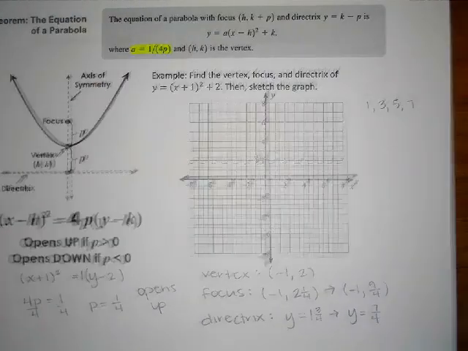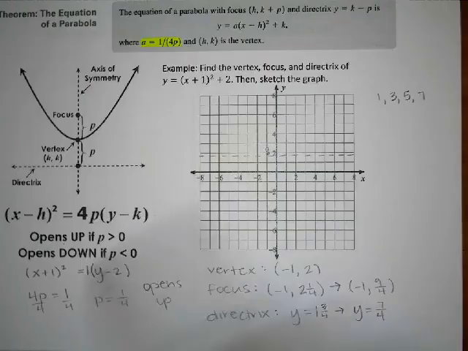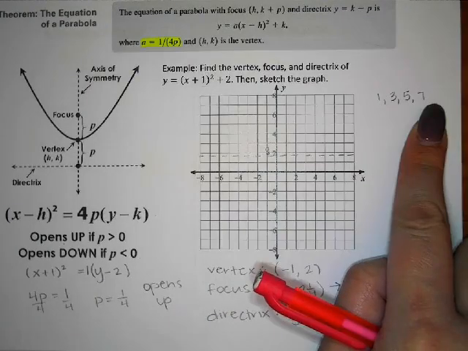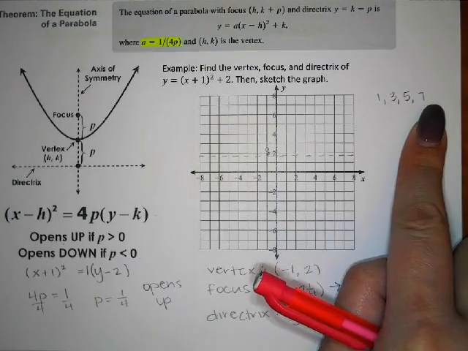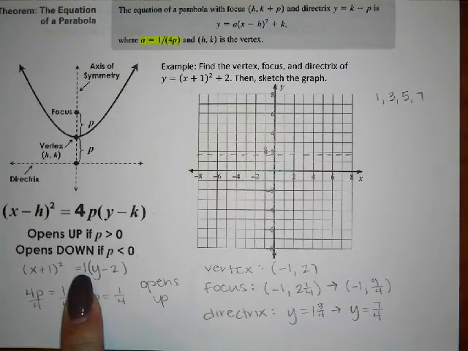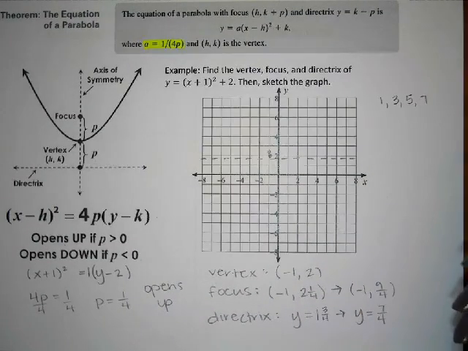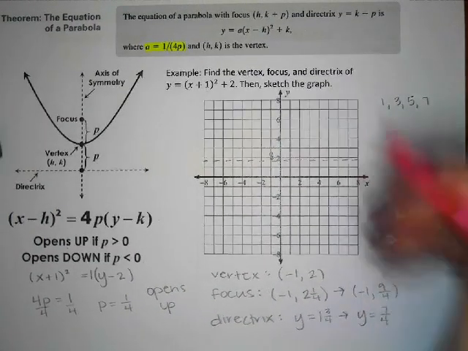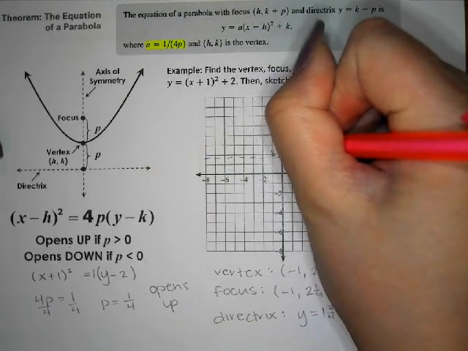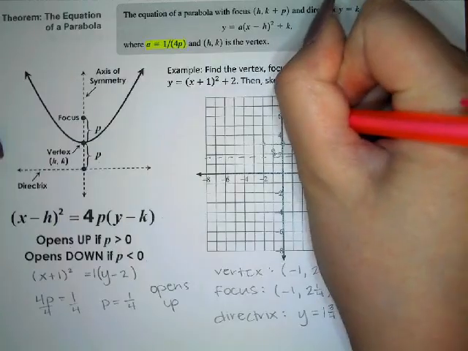And so if we have a 1 here as the coefficient, then we're not going to change this growth pattern at all. This graph hasn't been stretched, it hasn't been compressed, it is just typical, it's got a 1 in the front. And so I can just graph this growth pattern the way that it is, and that'll be my parabola. So I'm going to go over 1 up 1 on each side, and then over 1 up 3 on each side.